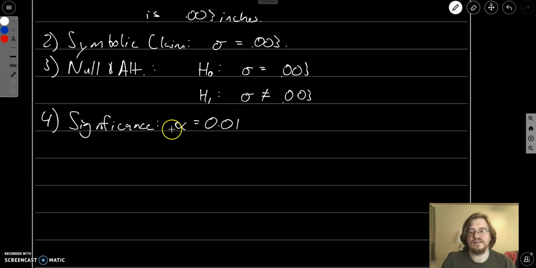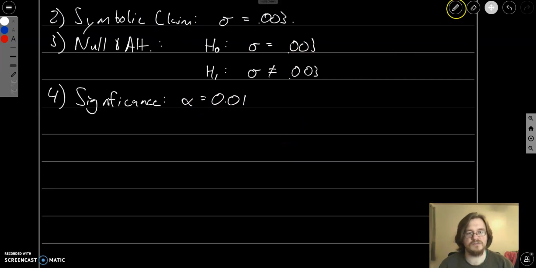Remember that the significance level refers to the probability that we get essentially a false positive, when we reject the null hypothesis, but it was in fact true. So we want that probability to be quite small. We don't want to make any errors, so we want the probability of making an error to be small.